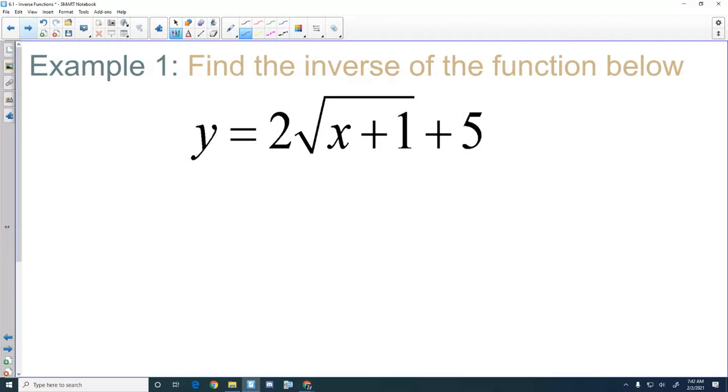A little bit of the opposite of what we just did. And you're just going to switch the x and the y, and then solve for that new y, just canceling things out. But you just have to be careful in the order that you cancel things out and keep stuff organized.